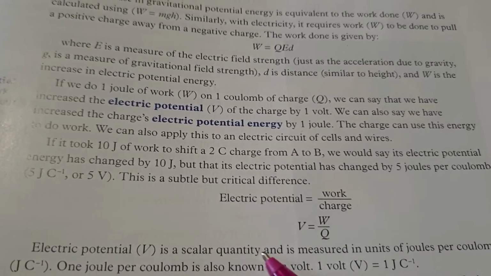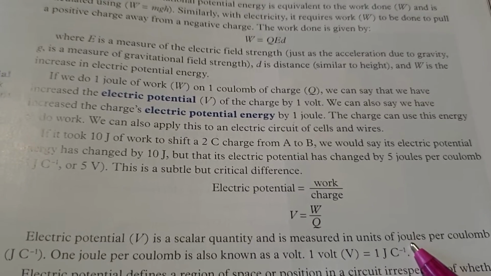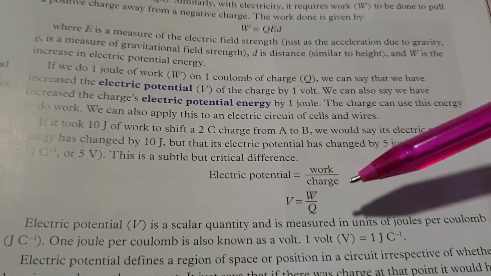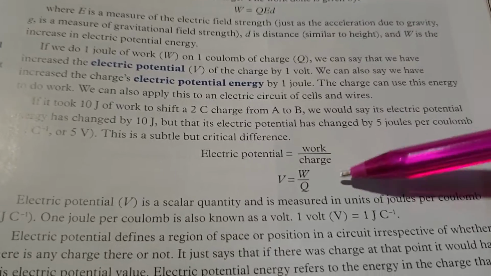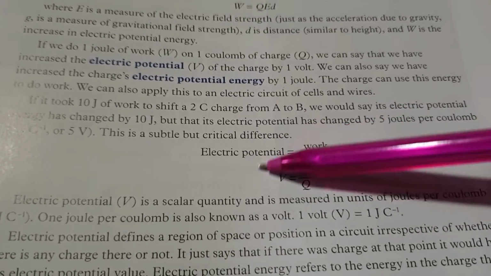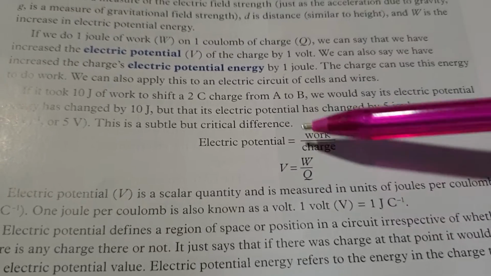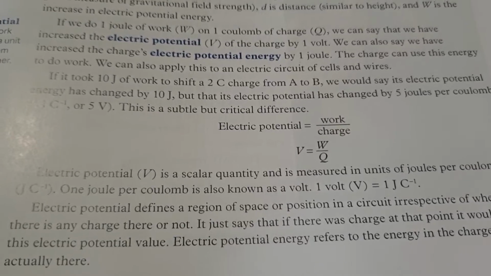Electric potential is a scalar quantity measured in joules per coulomb, whereas this gravity thing falls through here because it's not per kilo. This is per coulomb though. So this is an important one. Electric potential, voltage, is the amount of work done divided by the charge.